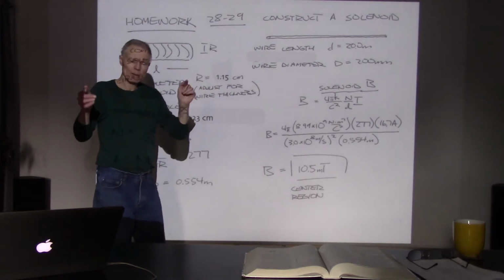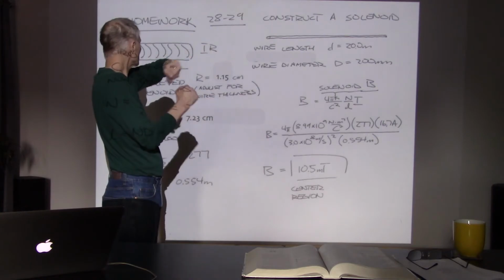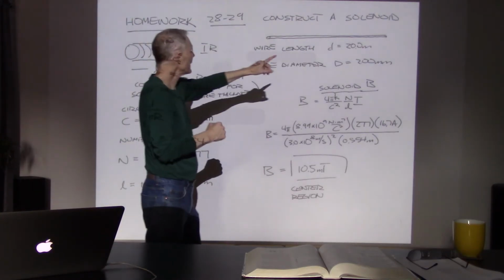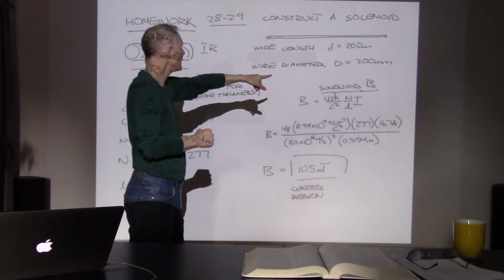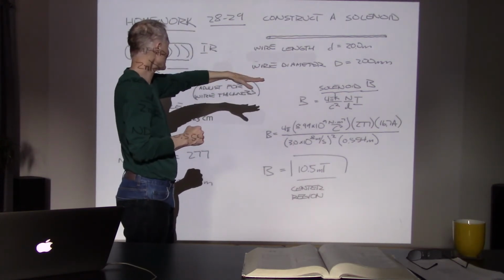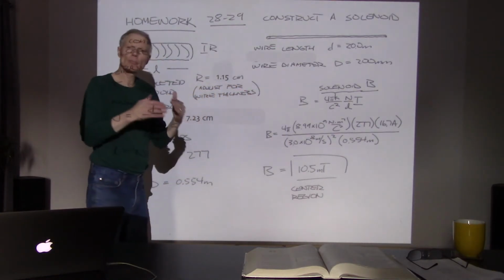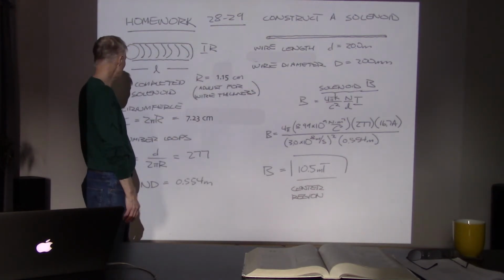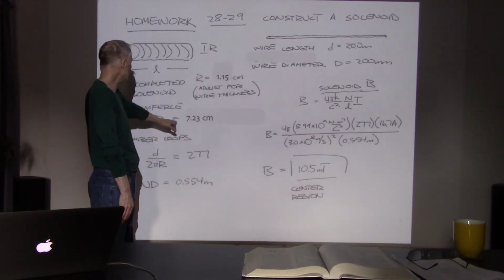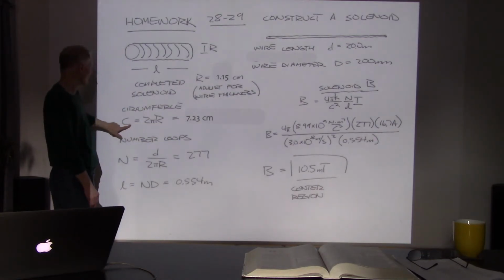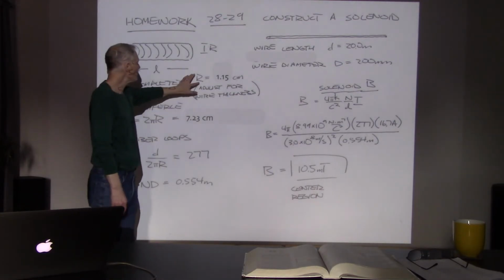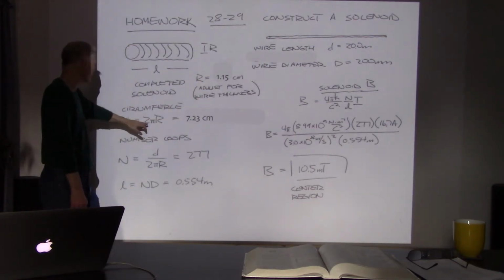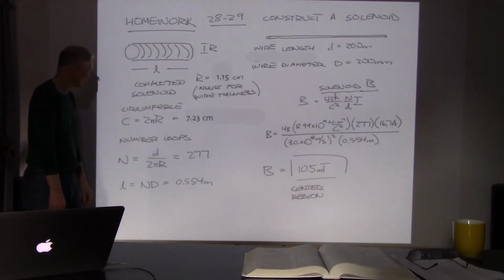So we started at 2.50 centimeters, we came in a millimeter on each side, and that took us down to 2.3, because we want to measure out to the center of the wire for measuring the distances. So we're measuring the circumference from the center of the wire at 1.15 centimeters. Multiplying that by 2 pi, we got 7.23 centimeters.